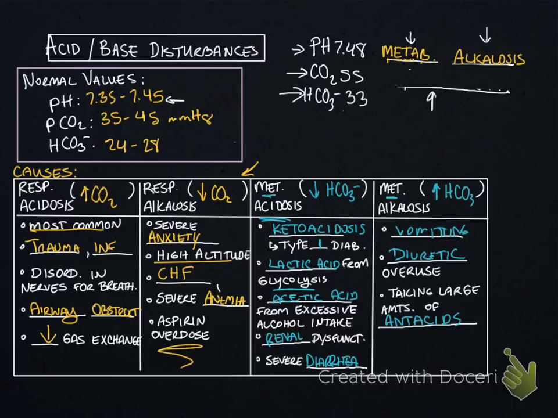Now, I need to see if we have something compensating. So I look at this value and I see, is it a normal value? No. It shouldn't be because it's a metabolic problem anyways. So if there are no normal values, then we say it's with a compensation that needs to be opposite of our problem.